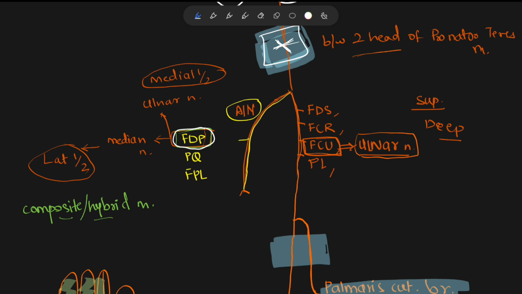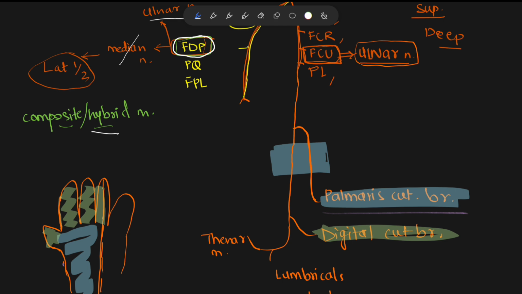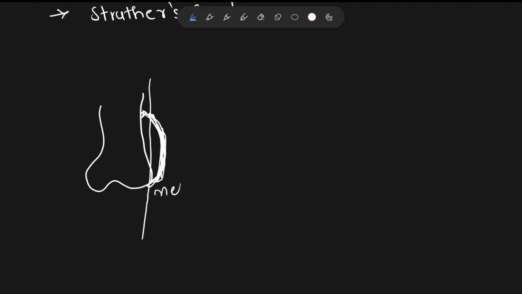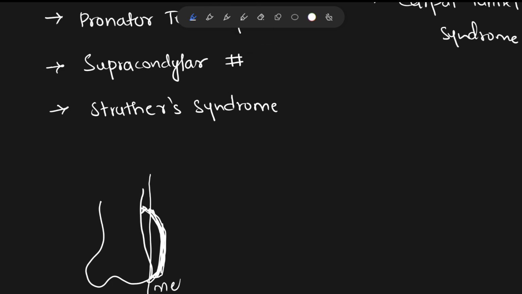Because it is a composite muscle. If the median nerve is damaged, we still have the ulnar nerve. So we can see the flexor digitorum profundus is working. We will ask the patient to make a fist. Okay, he or she can't make a fist.